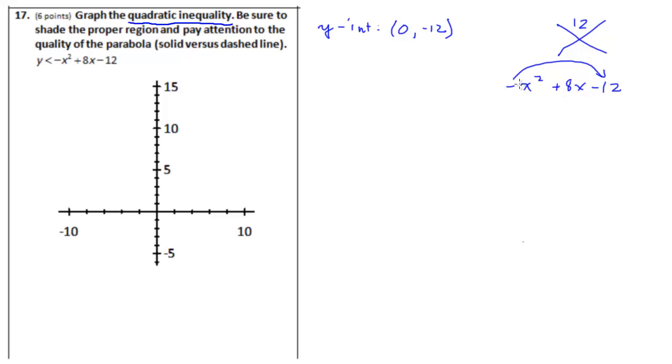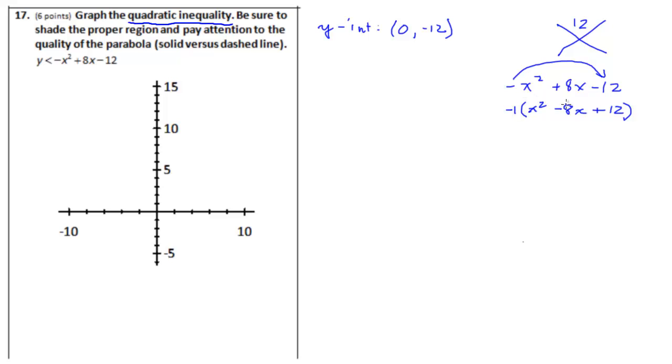Actually, a better way to do this: the negative is problematic, and so you should be aware that it's a lot easier to do this. Negative 1 times x squared minus 8x plus 12. Just be aware that this is a negative 1 out front, which means that it's going to open down instead of up.